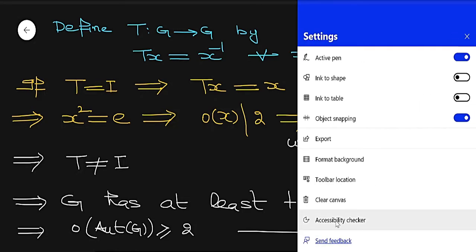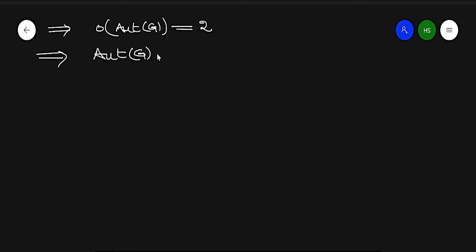So from 1 and 2 we get the order of the automorphism group of G is equal to 2. So what are these automorphisms? It means the automorphism group of G consists of two automorphisms.